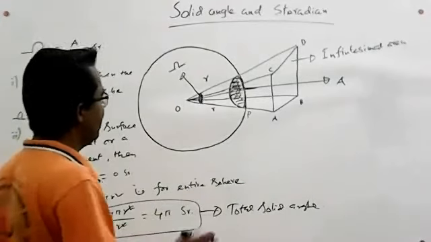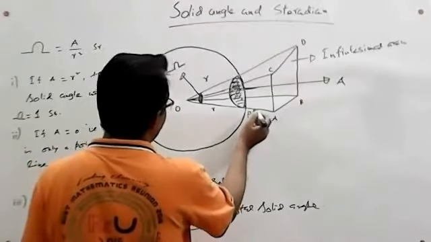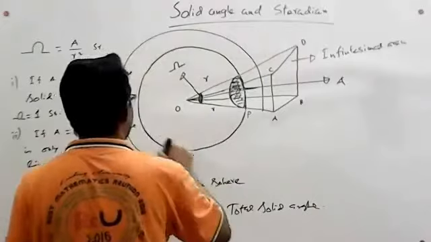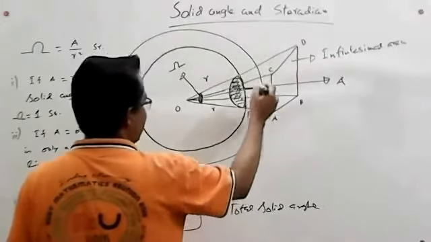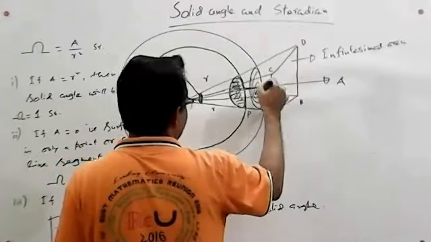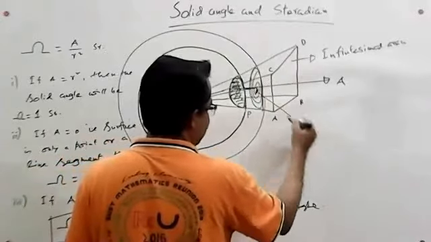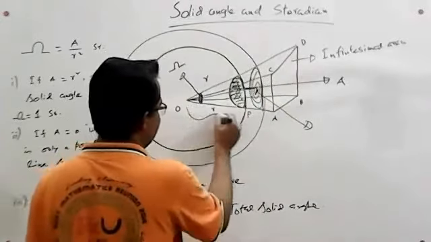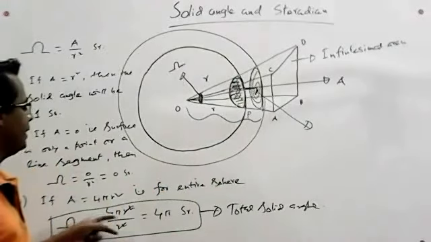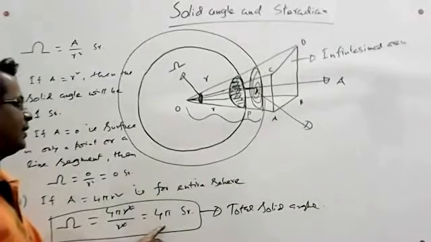It does not matter if a sphere is bigger. If we consider a bigger sphere, then the surface will be created here, and in that case this surface will be increased. Also, this radius will be increased, so that the ratio will remain unchanged, which is 4 pi steradian.